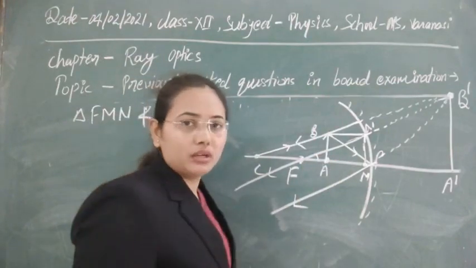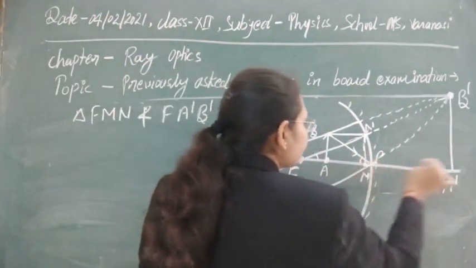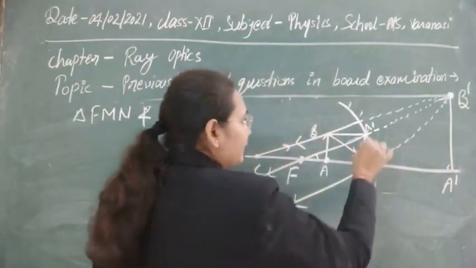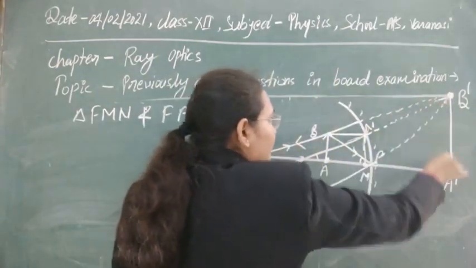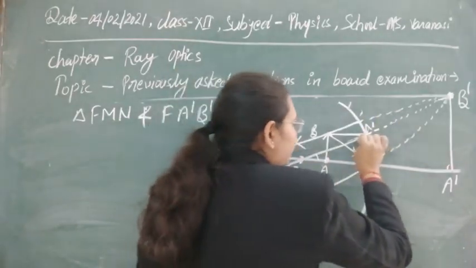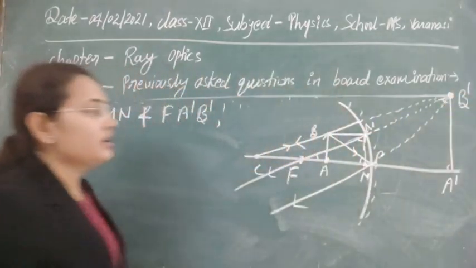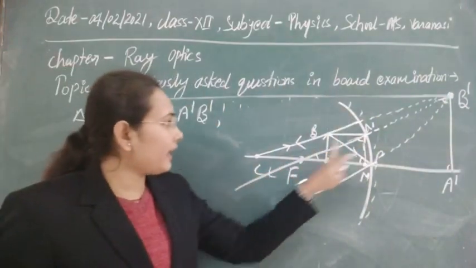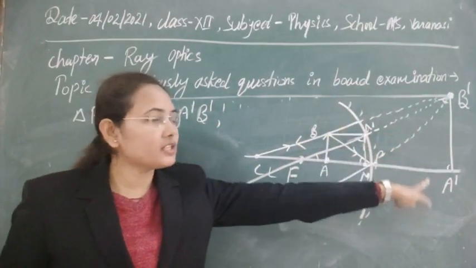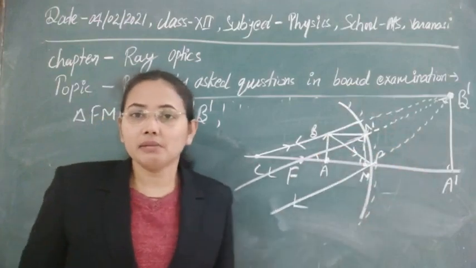These two angles are 90 degrees, as these are the normals. So obviously these two angles are equal to each other, which means triangle FMN and triangle FA dash B dash are similar triangles.